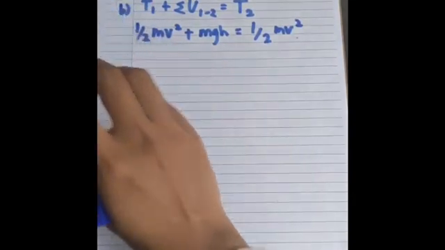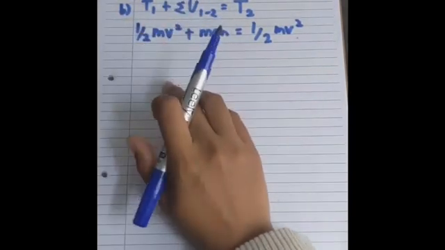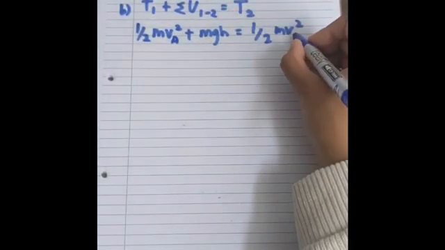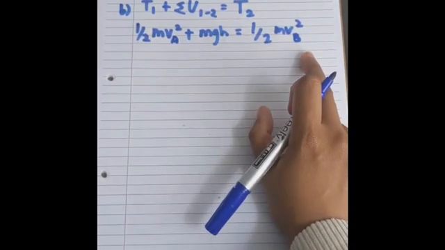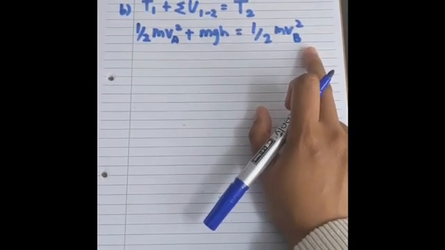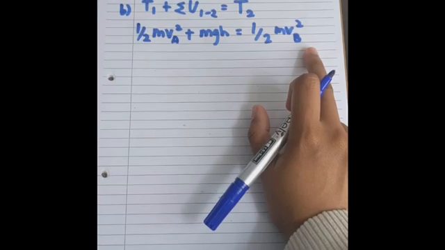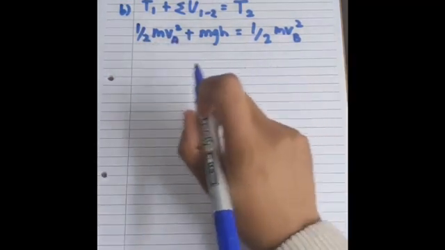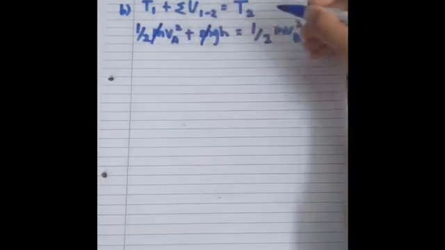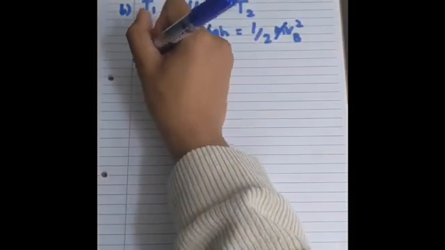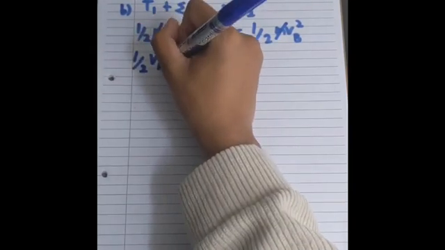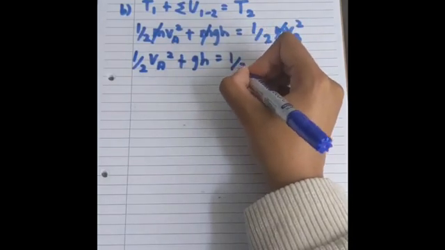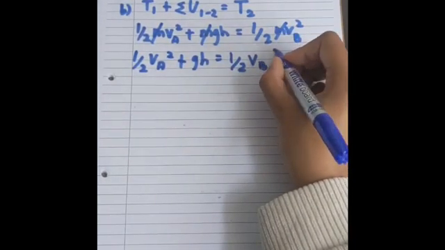Subscript 1 is initial and our initial is at A, so we put VA. For final, we put VB since it is at point B. The particle mass is constant, 1 kg, so we can cancel the m. It is left with 1/2 VA squared plus gh equals 1/2 VB squared.